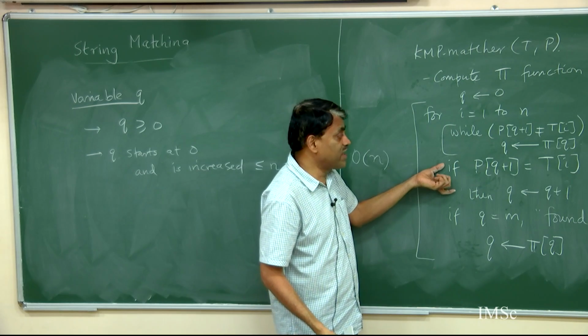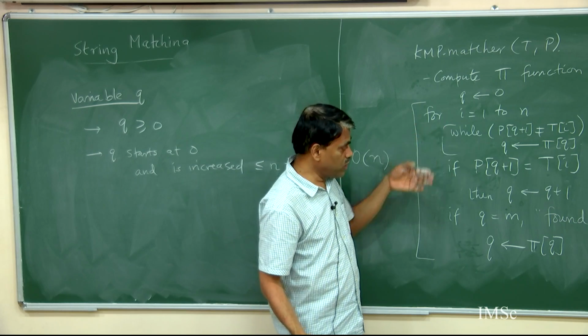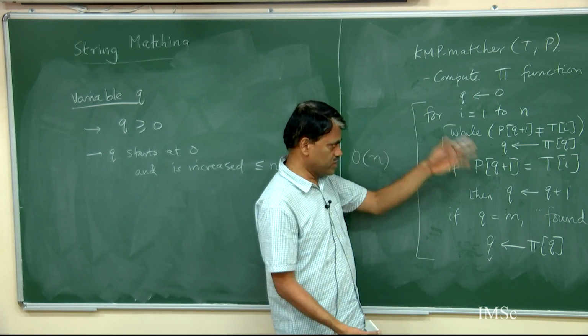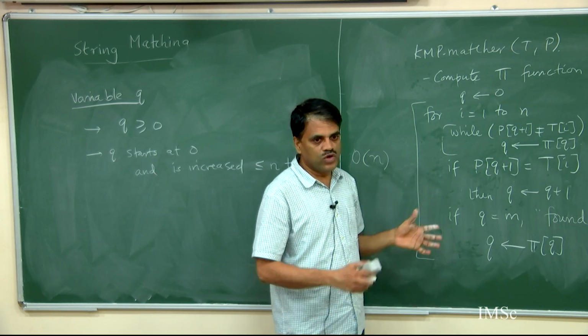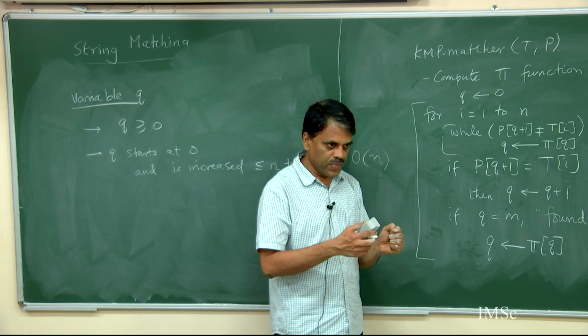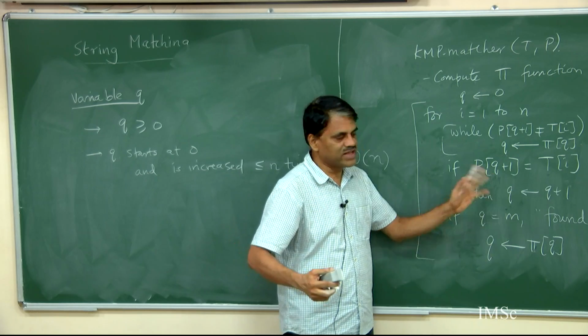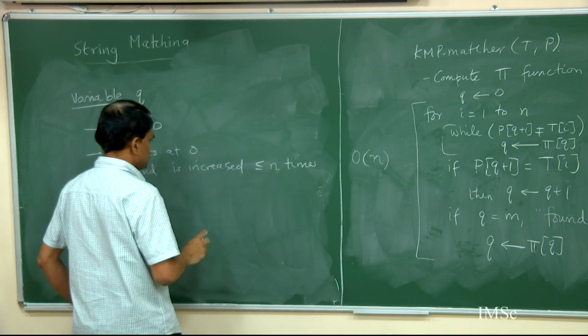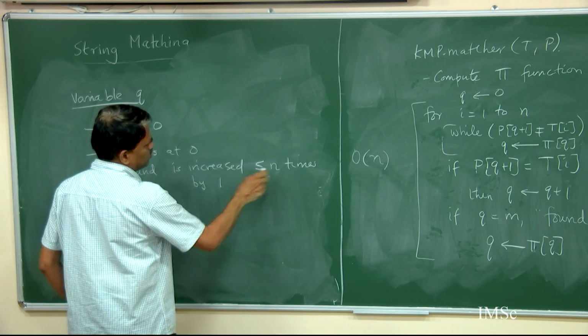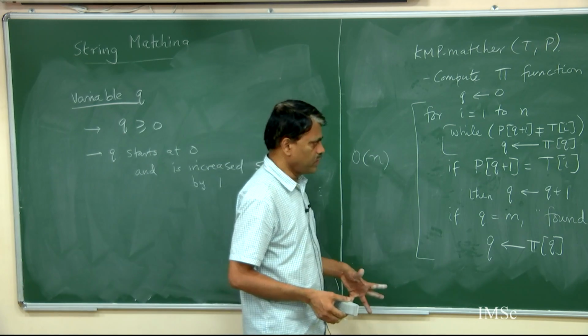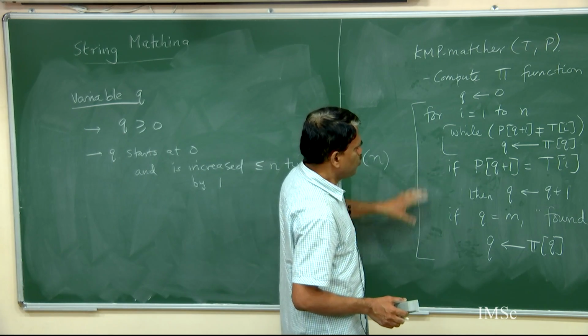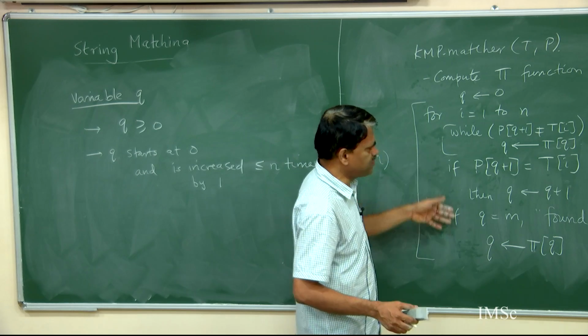In fact, you may not even get here at all. You might just go here and get out of it as well. So Q starts at 0 and gets pushed at most n times, and it increases only by 1 each time. So, increased by 1 at most n times. Okay. So the overall time for these steps is order n, that is clear.